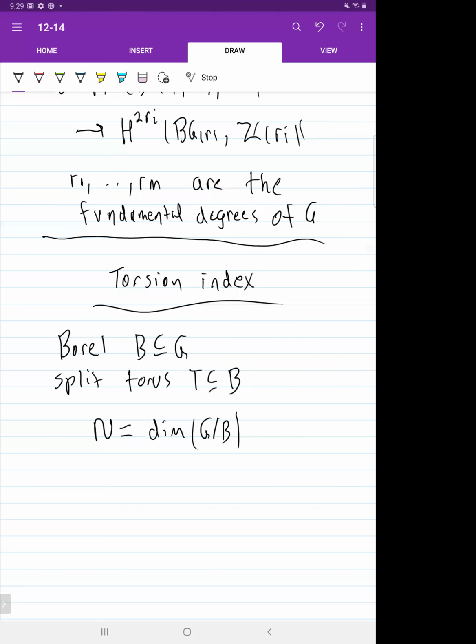I'll give one. So we have a natural map from CH^1 of BT to the Picard group of G/B.